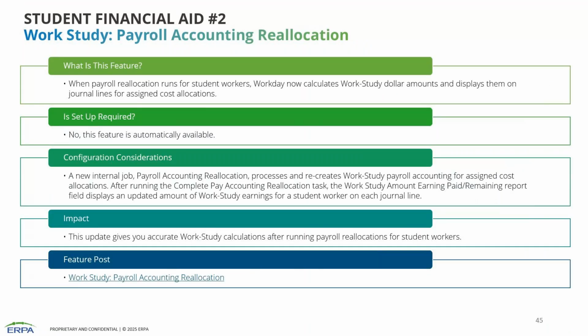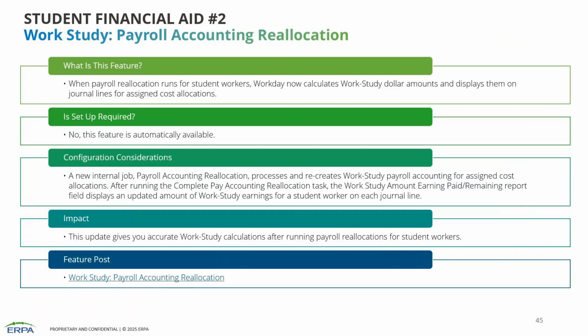So our next slide is the work study payroll accounting reallocation, and let's talk work study. There's a new internal job called payroll accounting reallocation, and that reprocesses and recreates a work study payroll accounting for the design cost allocations.